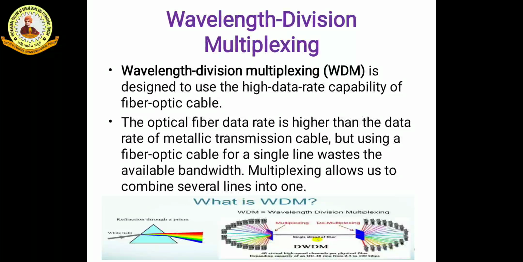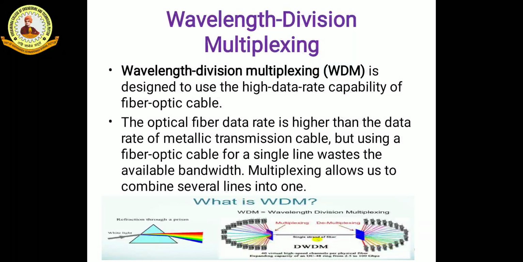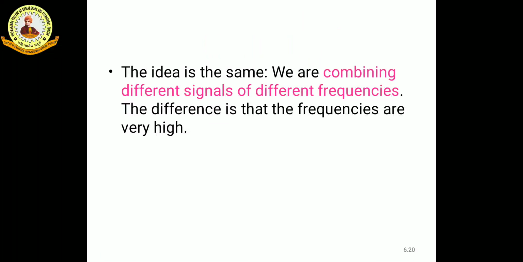So again, we are multiplexing these light sources, and we are creating a single line or single light source, which we will send through an optical fiber cable, and at the other end we will do demultiplexing, and we differentiate these lambda 1, lambda 2, lambda 3 that we have sent from the source side. So we will discuss this in depth.